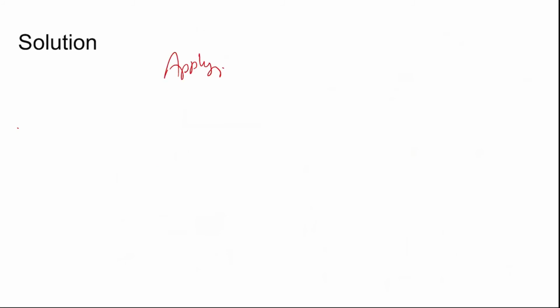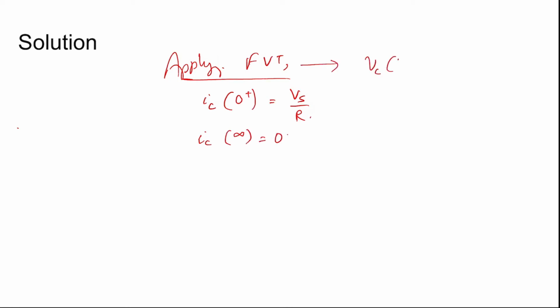So Ic(infinity) is 0. Now applying the final value theorem, Ic(0 plus) is found to be Vs by R, and Ic(infinity) is found to be 0.